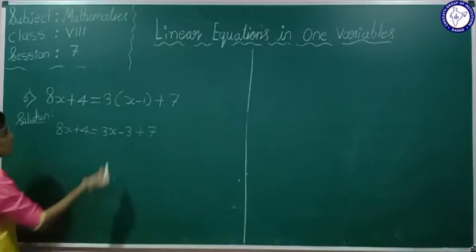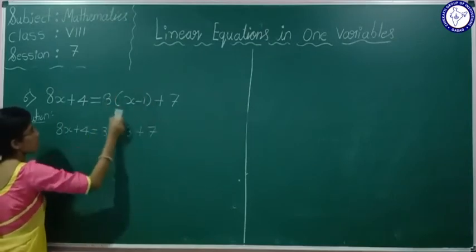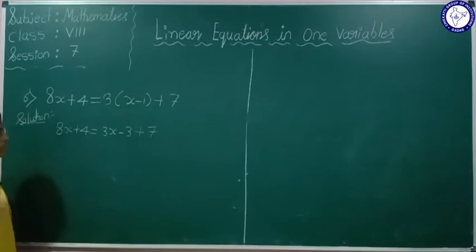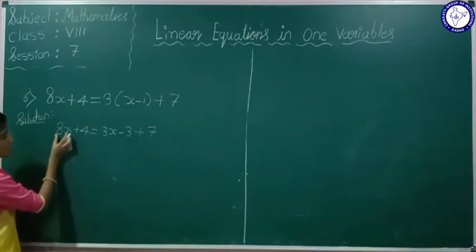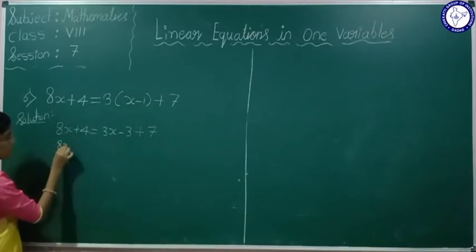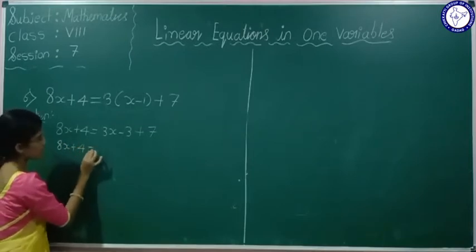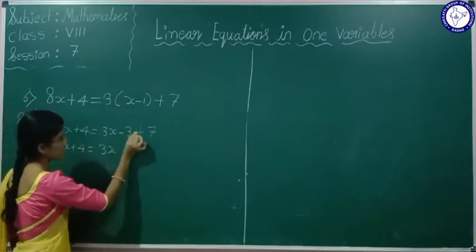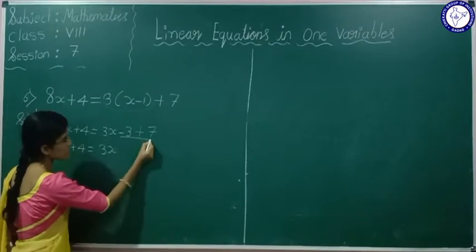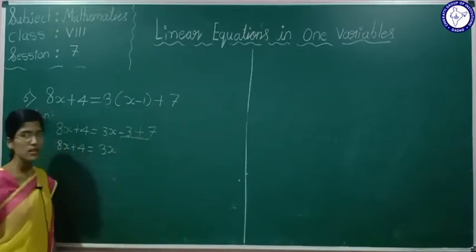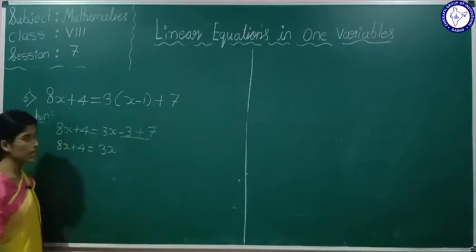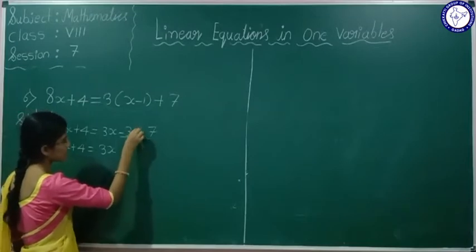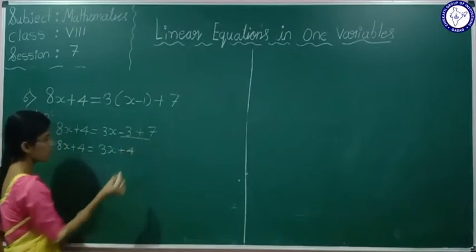First we have to solve this. 8x plus 4 is equal to 3x, these are constants, so solve this. Minus plus is minus. 7 minus 3 is 4. Bigger number is plus, therefore it will be plus 4.